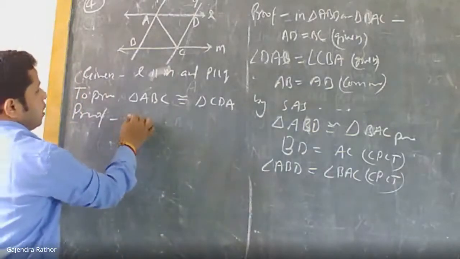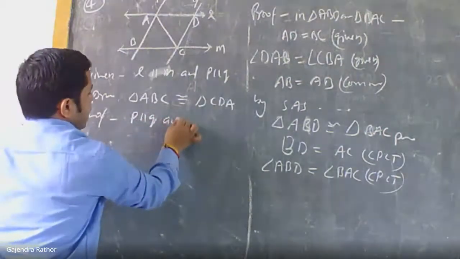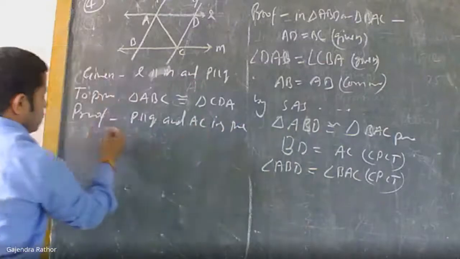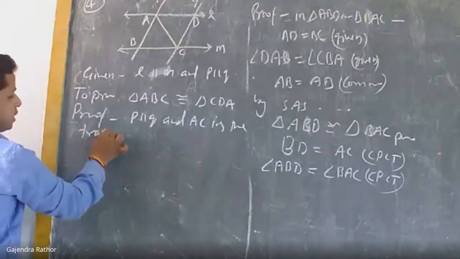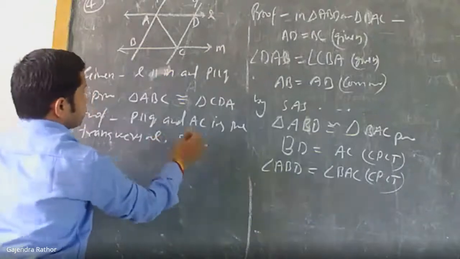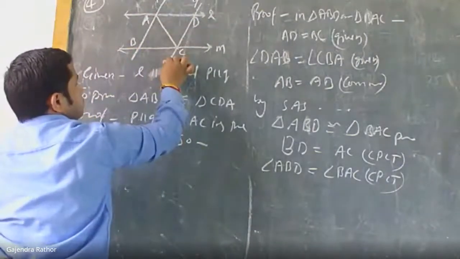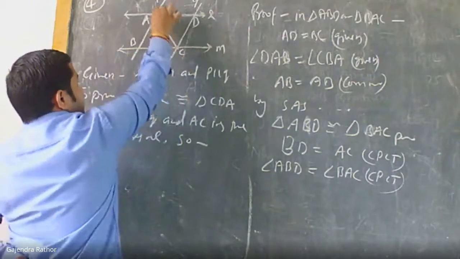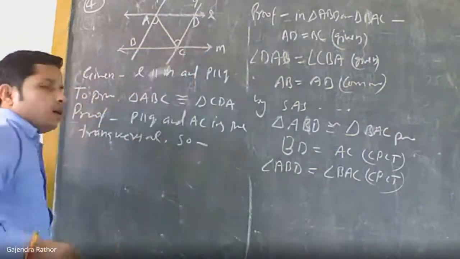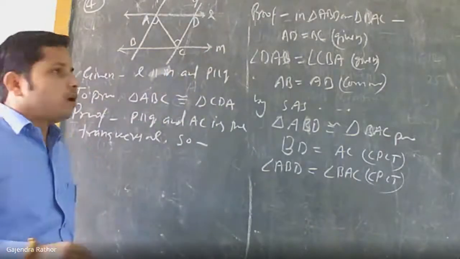So first, P is parallel to Q and AC is the transversal. So P and Q are the parallel lines, AC is the transversal. So we know that the alternate interior angles will be equal.